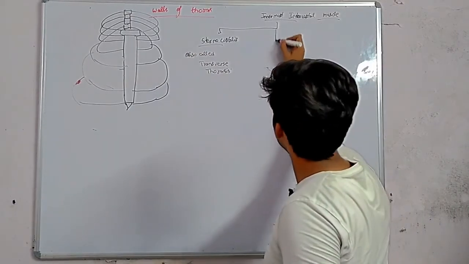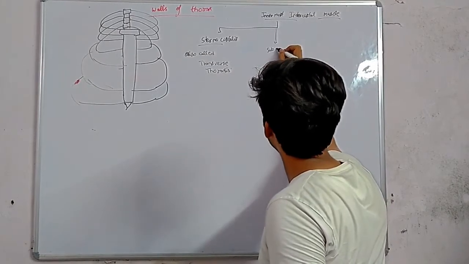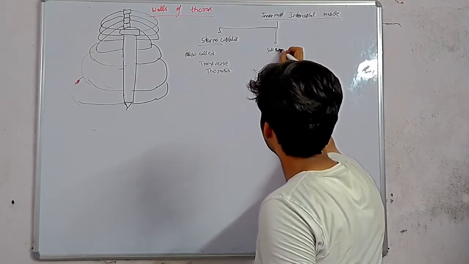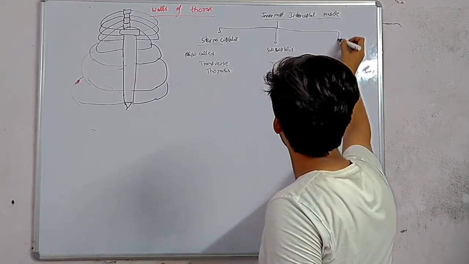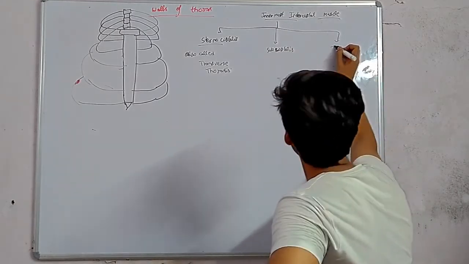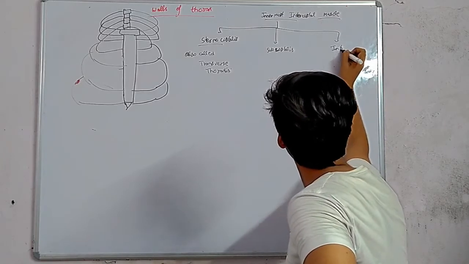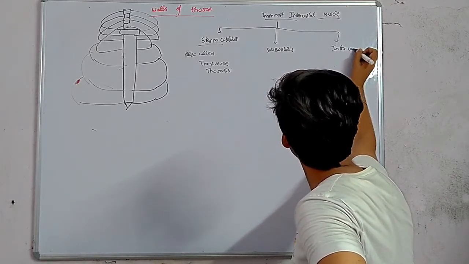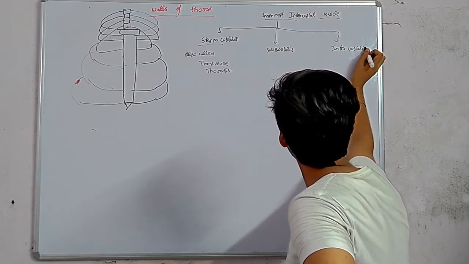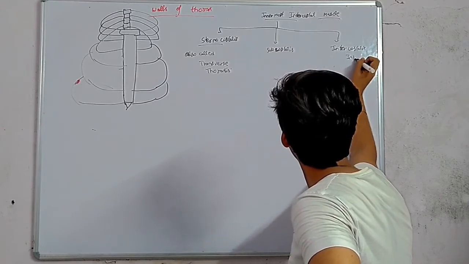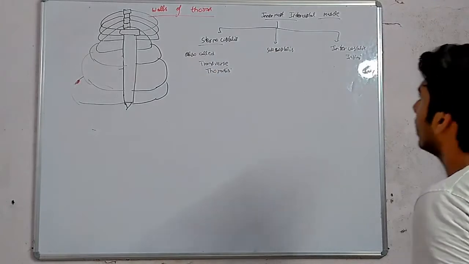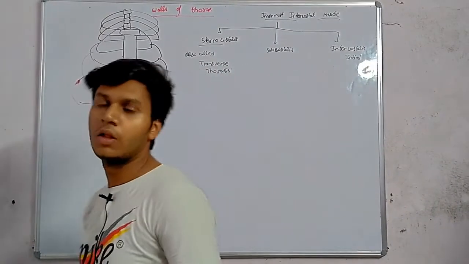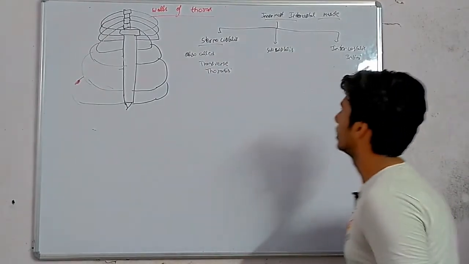Second is subcostalis, and intercostalis intimi. All these together are called the innermost intercostal muscles. These all form the innermost intercostal muscles.